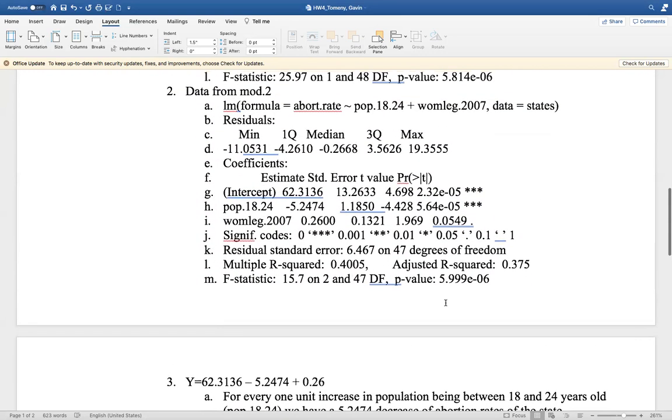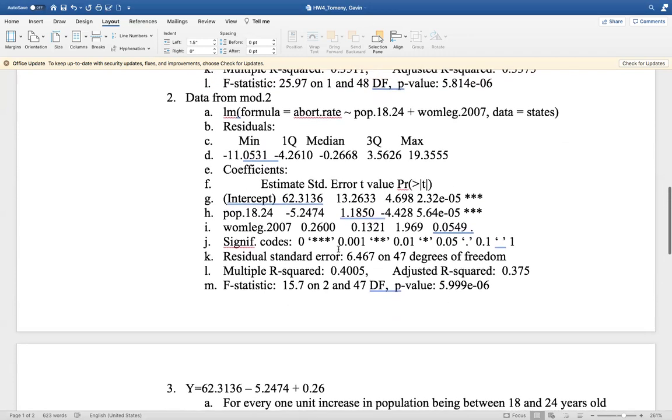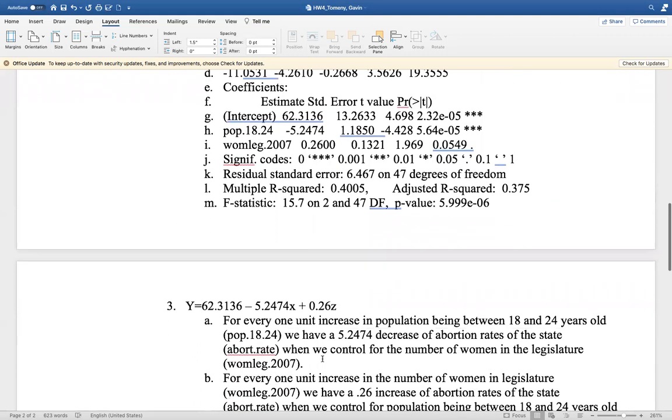And so what that equation is, basically, you have your intercept plus the slope on your variable, and actually these should have X and Z technically, plus what you're controlling for.